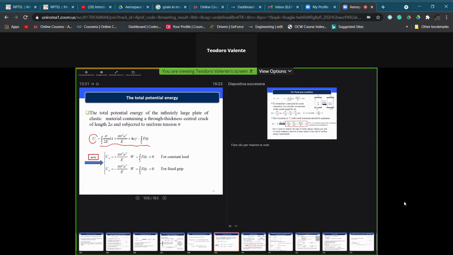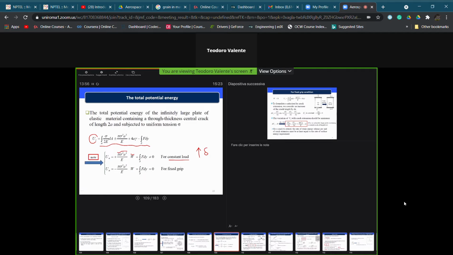The first is to work at constant load, which means we are going to have a displacement delta. In this case, the UA term is plus this expression, and the value of W is different from 0. We have to make this integral.